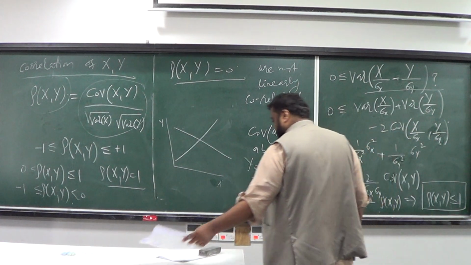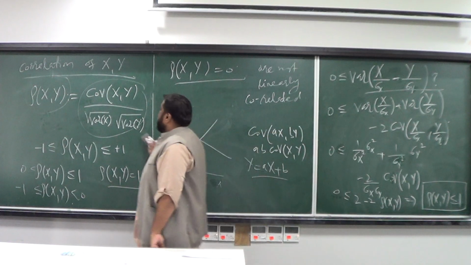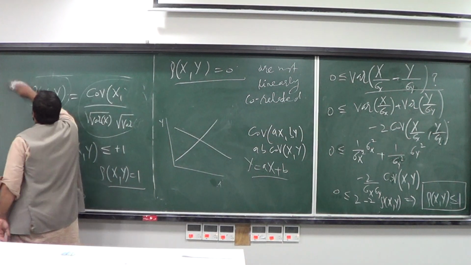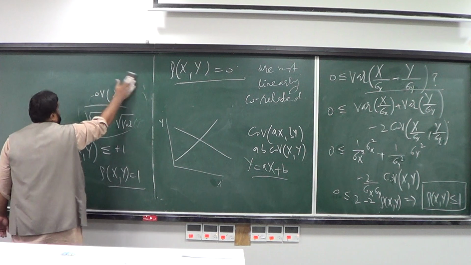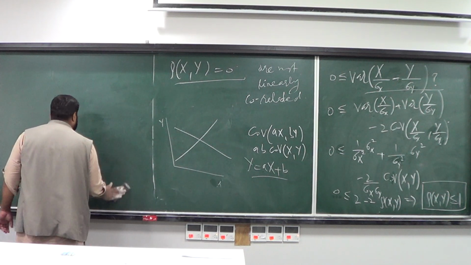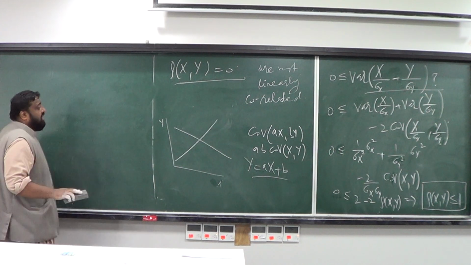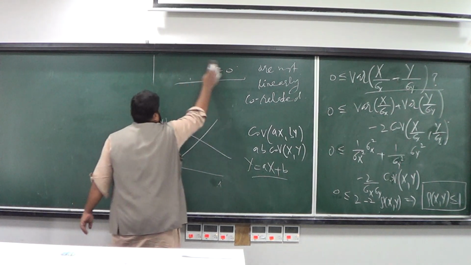So let's move on to our next important topic. Calculating the correlation is not difficult. You just need the covariances of the random variables and the variances of them.